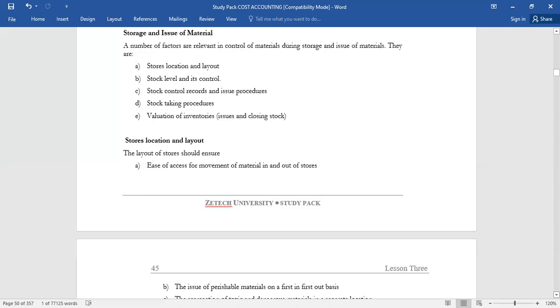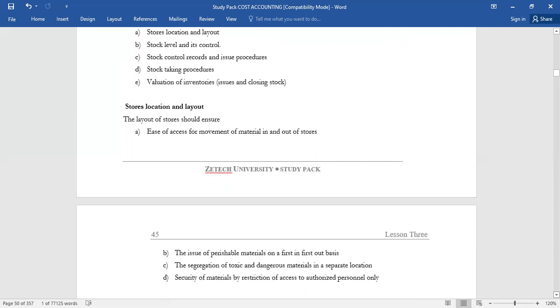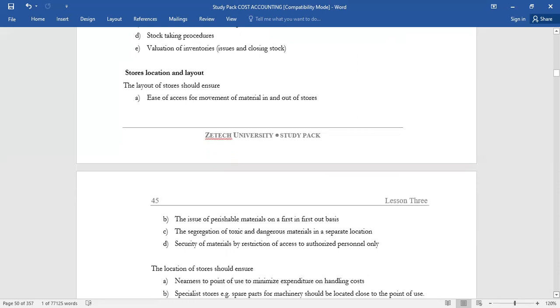If you issue what you've just received last, then you put the materials that were received earlier in jeopardy. Chances of them reaching the expiry period are very high, and it's the organization that will lose. If you have a lazy store manager, they might decide to make the work easier and you lose. That's why you need a trusted person.